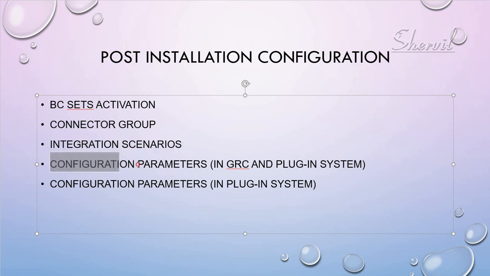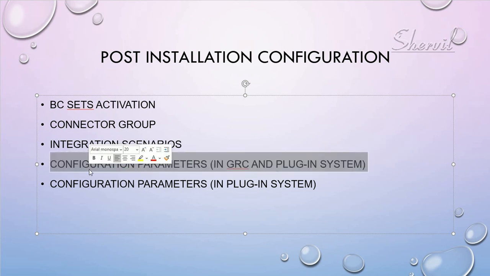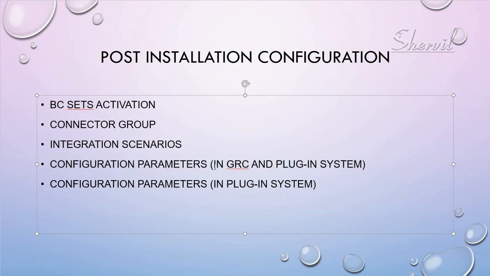Okay, and similarly, you will have to check and set up some configuration parameters on the GRC system side. And then you also have a couple of parameters in the plugin system.